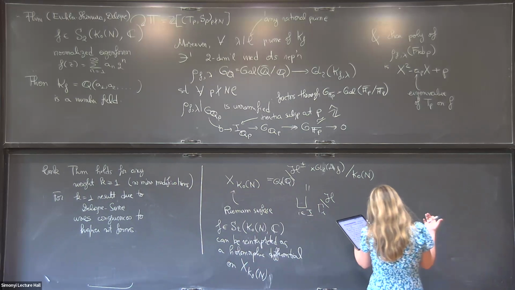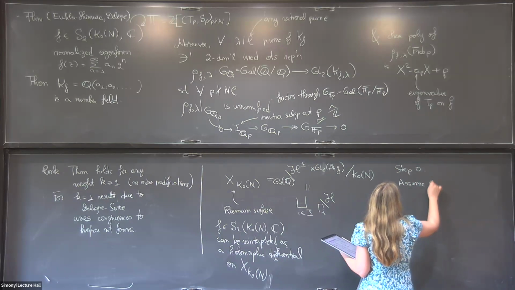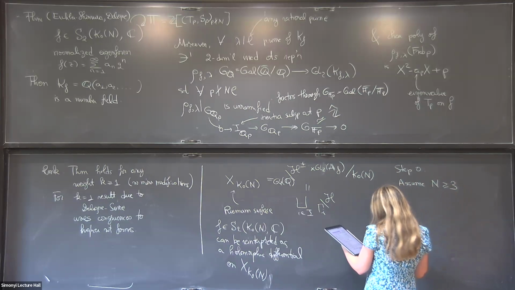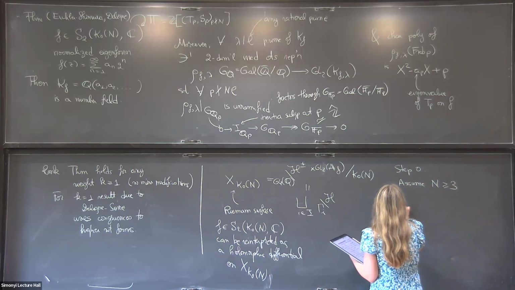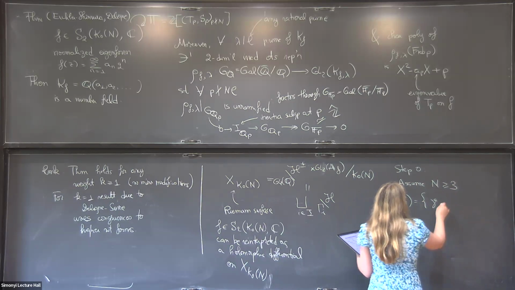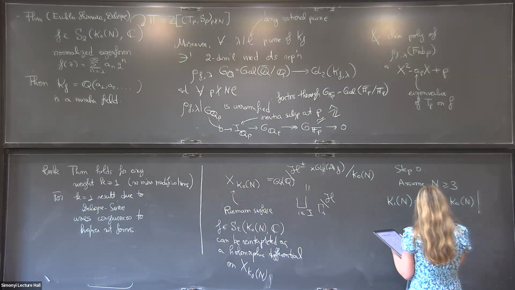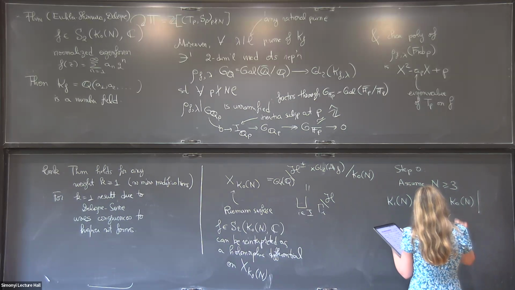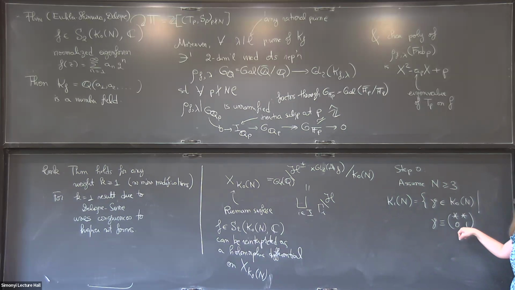And so just for technical reasons, I'm going to assume that N is at least 3, and I'm going to go to some slightly deeper level. I'm going to define the level K_1(N) to be given by matrices in K_0(N), but where I'm really requiring this gamma to be a bit more than just upper triangular. I want it to be congruent to 1 in this corner, modulo N.